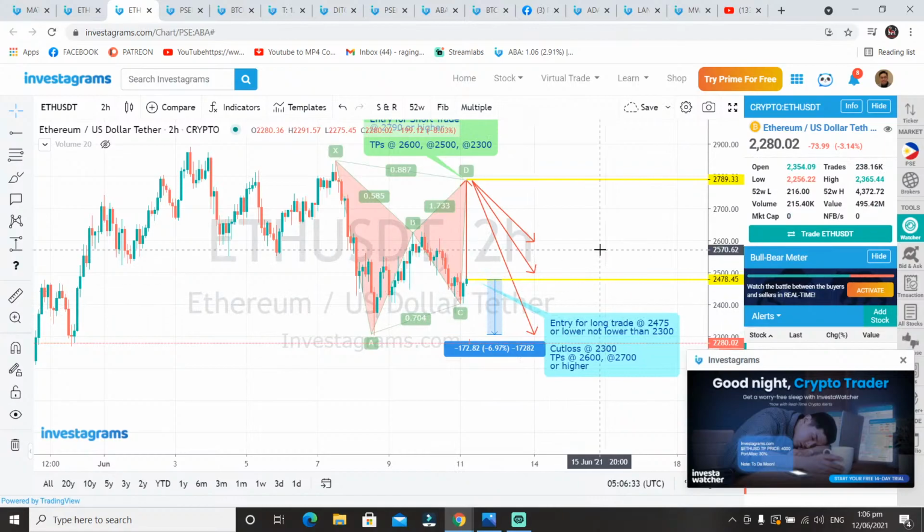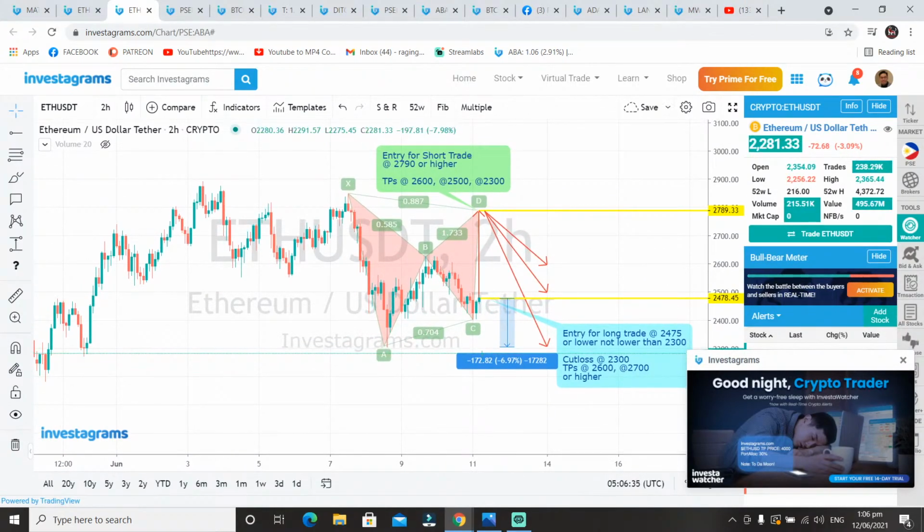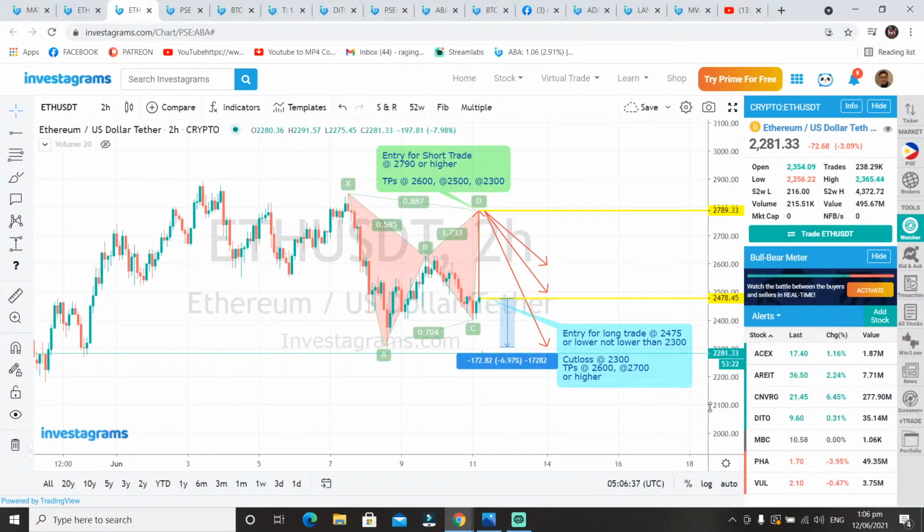Because the last time we won big, right? I think some of our members still have an open position, who entered at the 28 something level, as you recall, our previous trade plan is still open up to now.